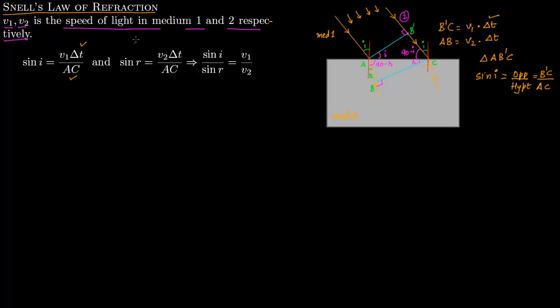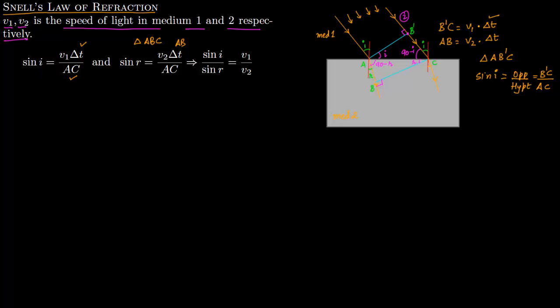Similarly, in the triangle ABC, sine R is equal to opposite side over hypotenuse. Opposite side is AB, hypotenuse is AC. AB is V2 times delta t. So that is what we have plugged in.